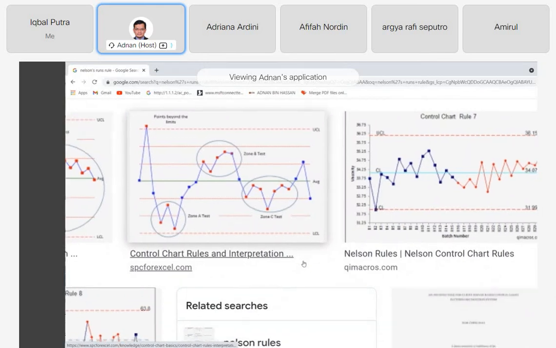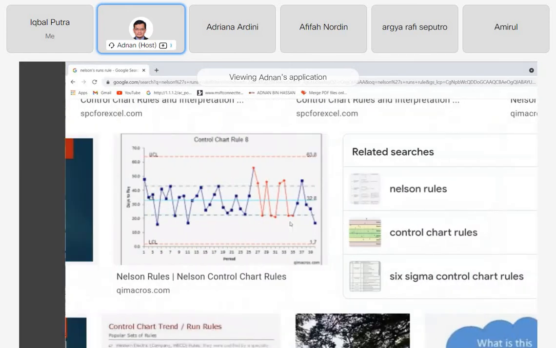So you see here, all the points are inside control limits. You have zone A, zone C, and tests A, B, C. I think that one is not so clear.